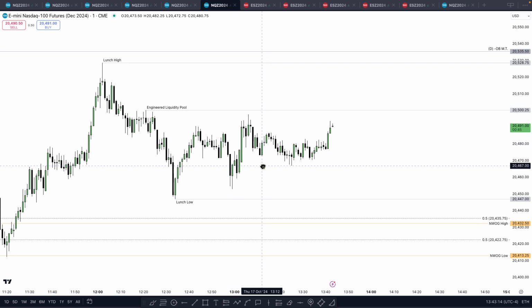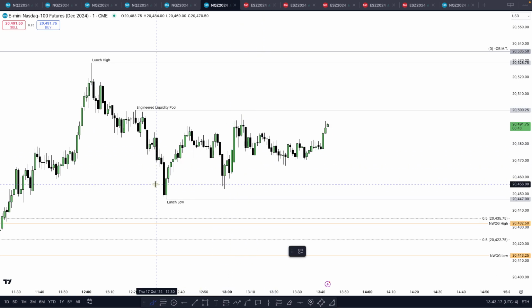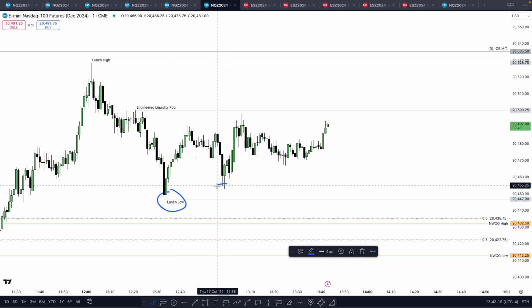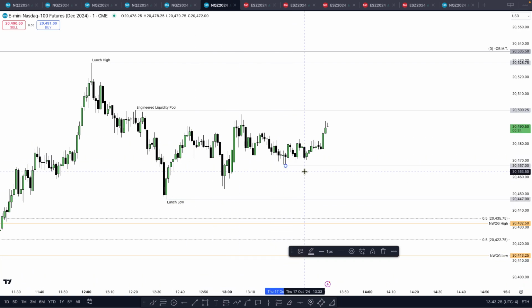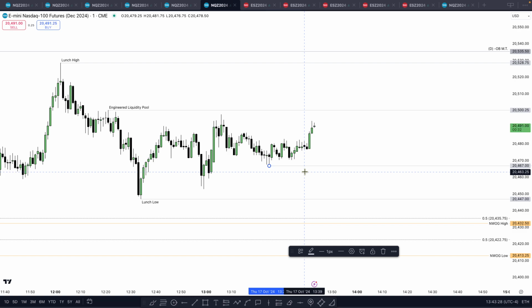Okay, building liquidity during the lunch range, this low here, that low falling short, and then if we just continue, we see them building the range even more right here. So we'll see what we get. We have the 150 macro in the next 7 minutes or so.